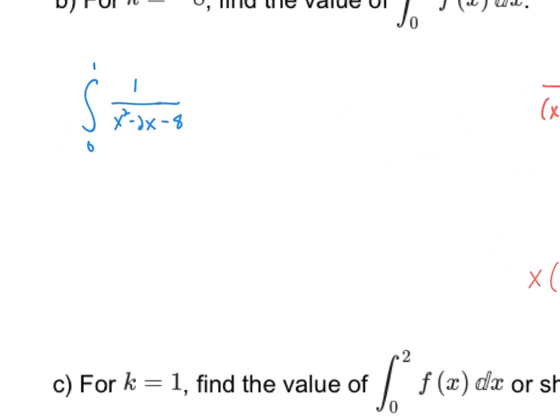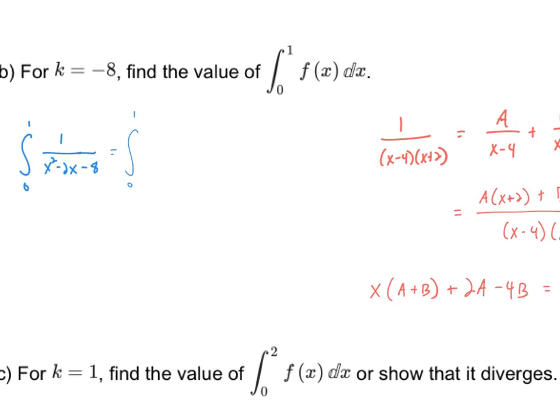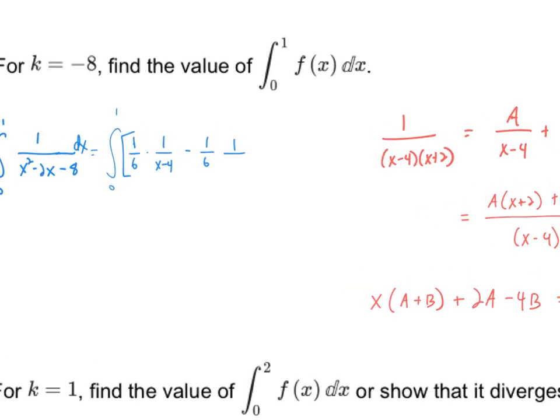Okay, so let's go back to here. Let me rewrite this. A is 1/6, so this is really 1/6 times 1 over x minus 4 dx, minus 1/6 times 1 all over x plus 2.